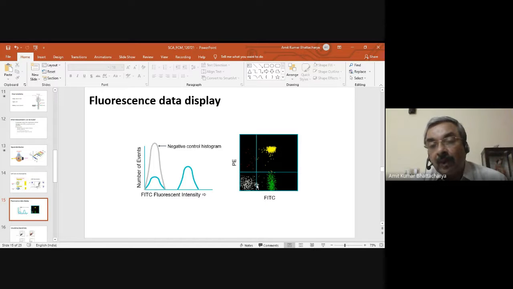If you divide it into 4 quadrants, you find a population of cells which is low in signal strength for both PE and FITC. These are background cells which have very low fluorescence, and these are the cells which are positive, which have bound a lot of FITC and a lot of phycoerythrin. So there are 2 different populations of cells. The PE was labeled to one antibody which bound to one population of cells, and a different population of cells as compared to the FITC.